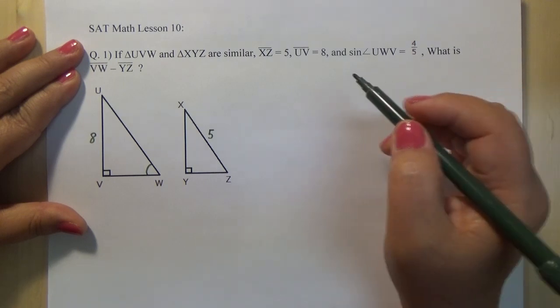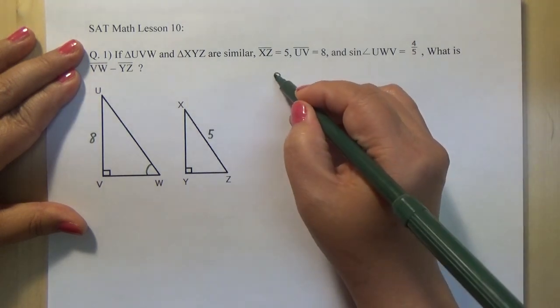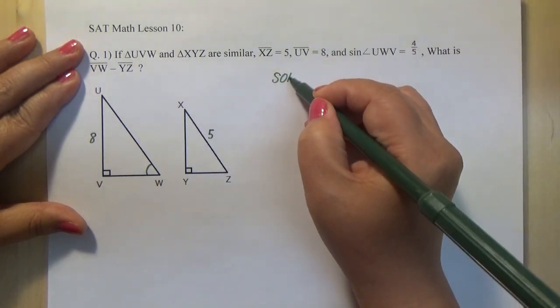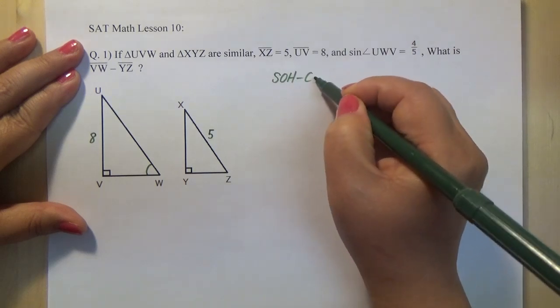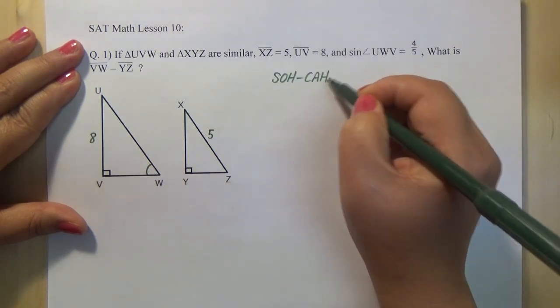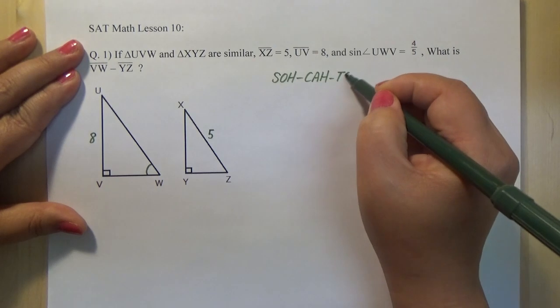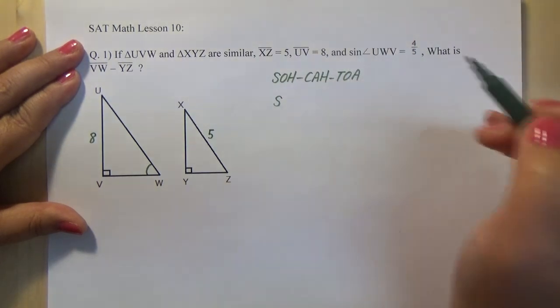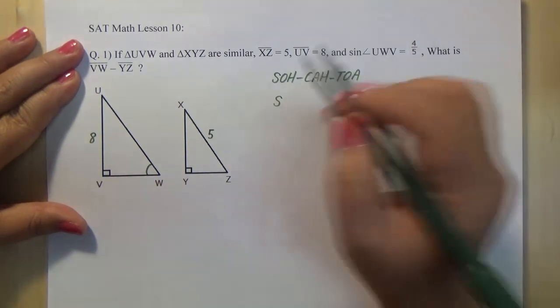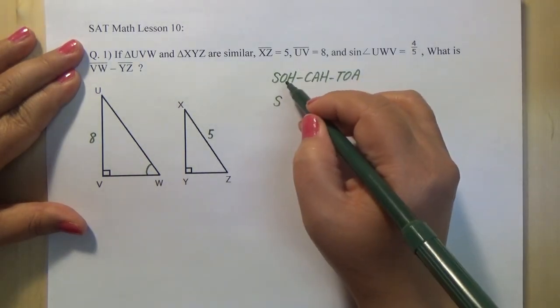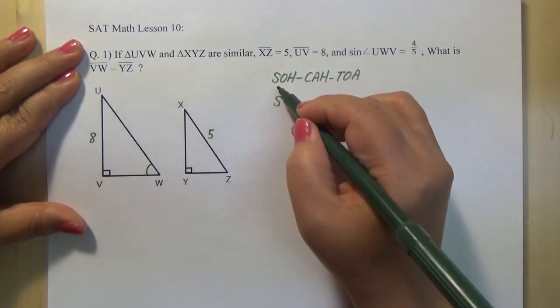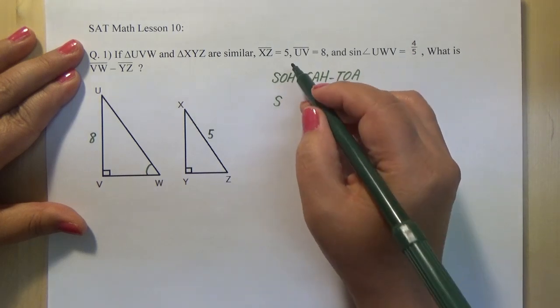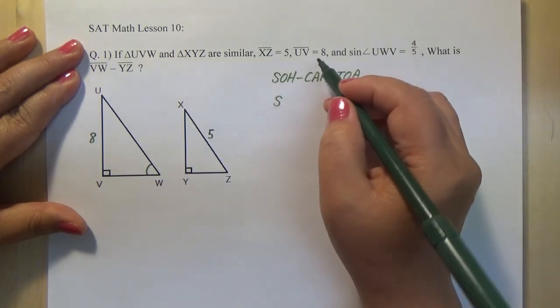So, what is the sine? We should know SOHCAHTOA. And then sine. So we only consider sine. Sine is opposite over hypotenuse.